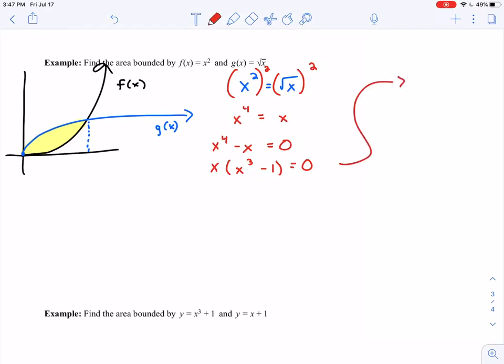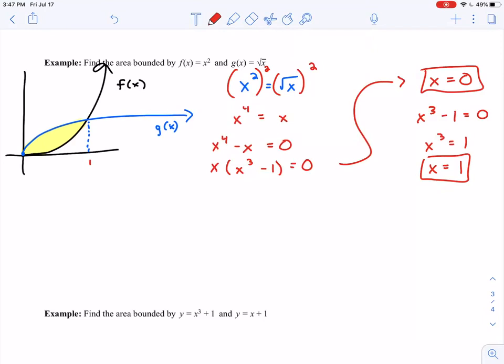And so I have two solutions. The first is just x equals 0, which we said we're going to have for sure. The other one, I have x cubed minus 1 is equal to 0, which gives me x cubed equals 1. If I take the cube root of each side, I end up with x equals positive 1. So that is my other point of intersection, x equals positive 1.